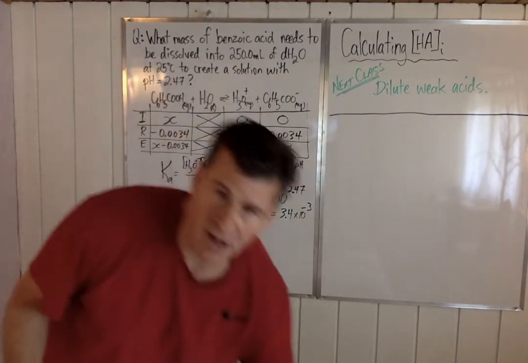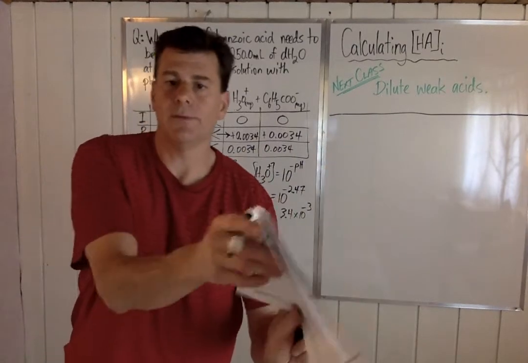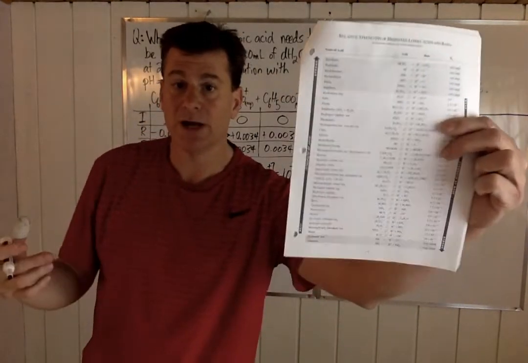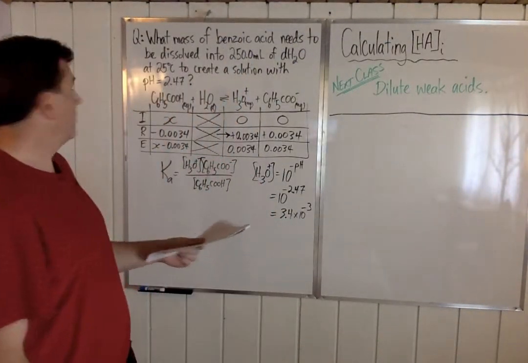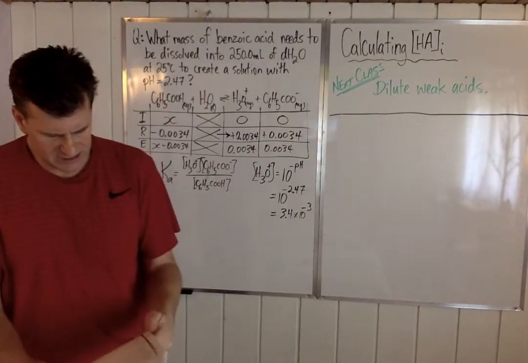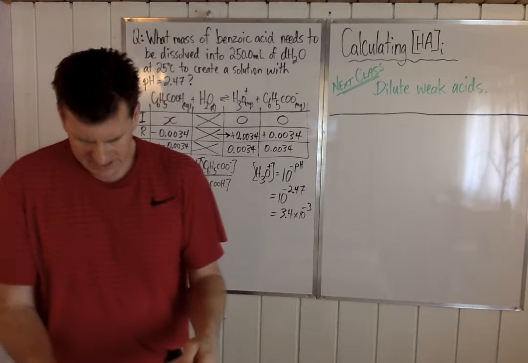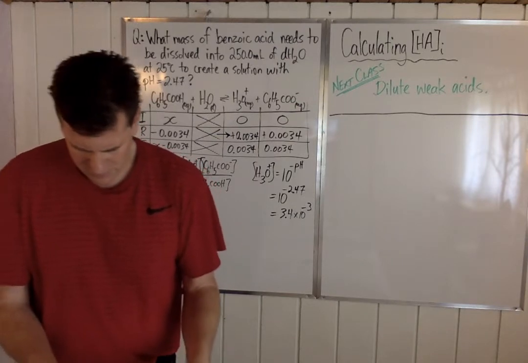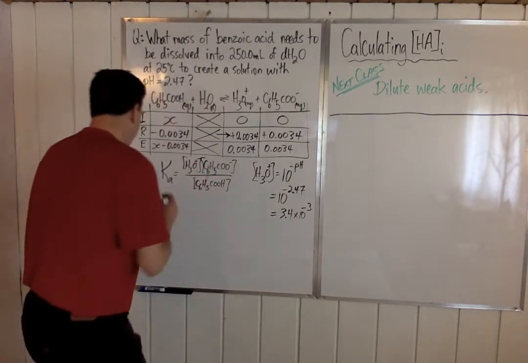Now I plug in what I know. So the Ka is off the table. Okay, so I pull out my table, and because we're at 25 degrees, and I did say 25 degrees, good. So benzoic acid at 25 degrees is 6.5 times 10 to the negative 5.